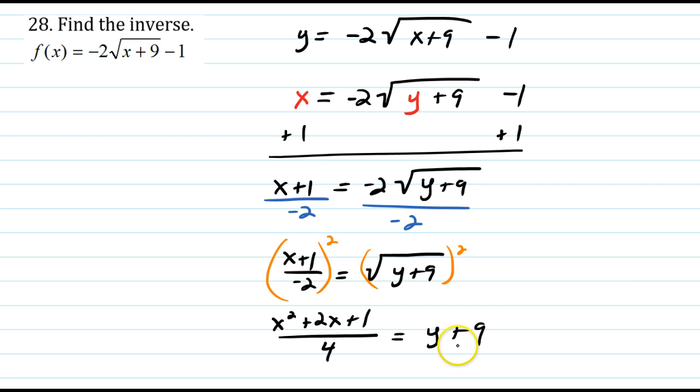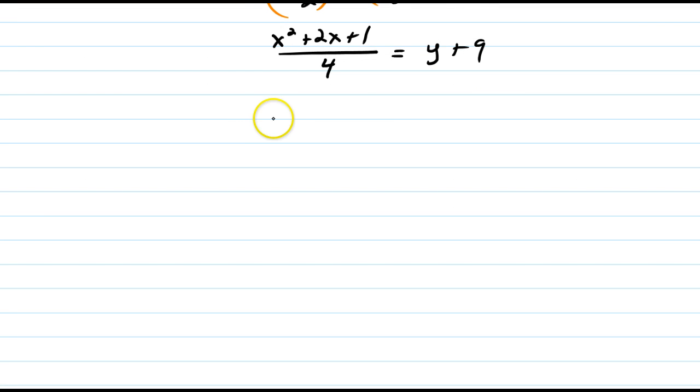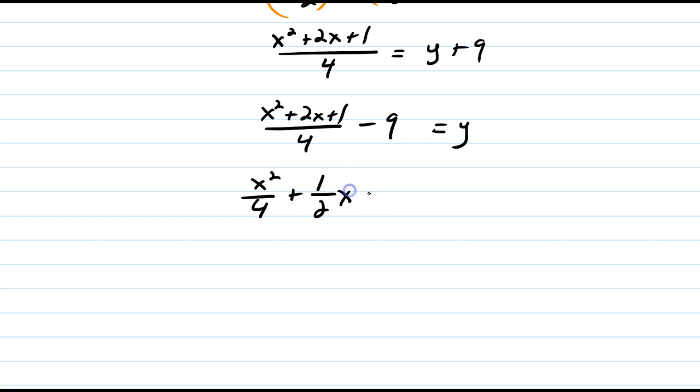Now we're going to minus 9 to both sides. And so we get x squared plus 2x plus 1 all over 4 minus 9 equals y. And you can actually write this a couple different ways as x squared over 4 plus 1/2 x plus 1/4. And so now that I've separated it, now you can combine the 1/4 and 9.